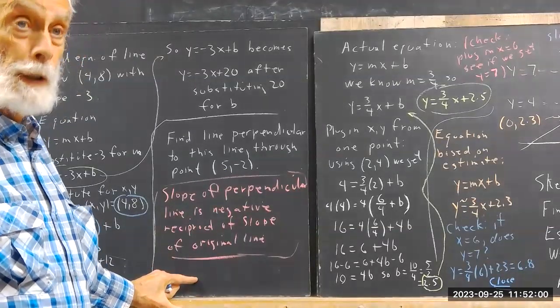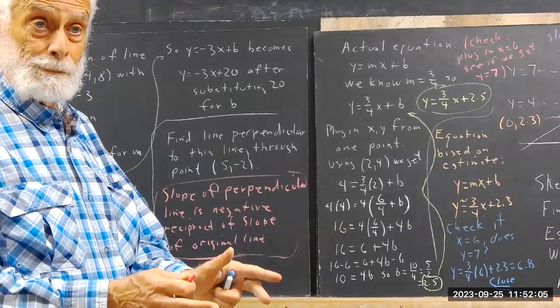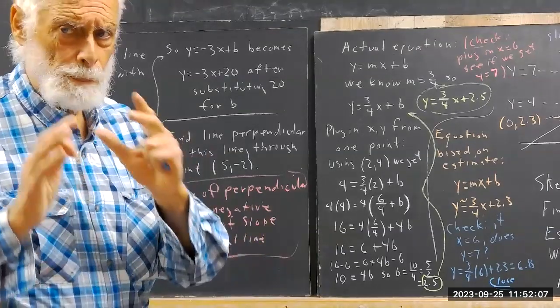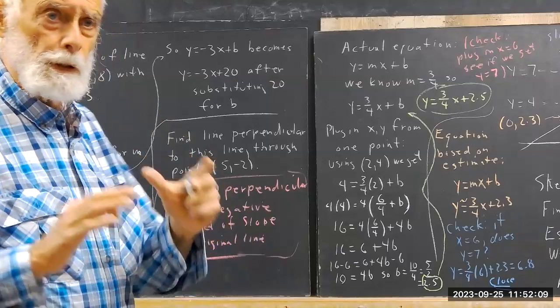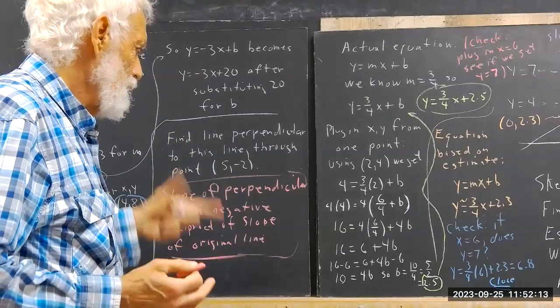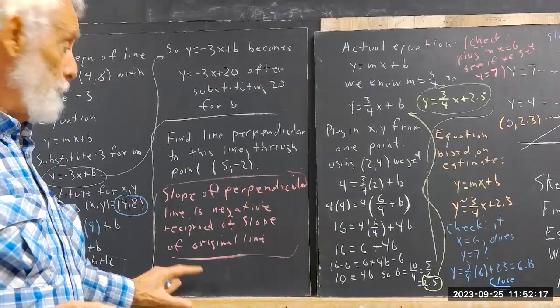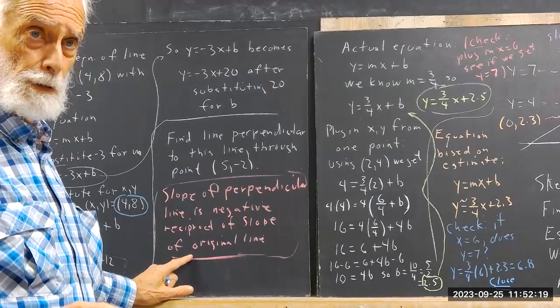Also, lines are parallel if they have the same slope. Okay, that's somehow the parallel thing a lot of people in the class didn't pick up on, at least a few people, but they picked up perfectly well on the perpendicular.